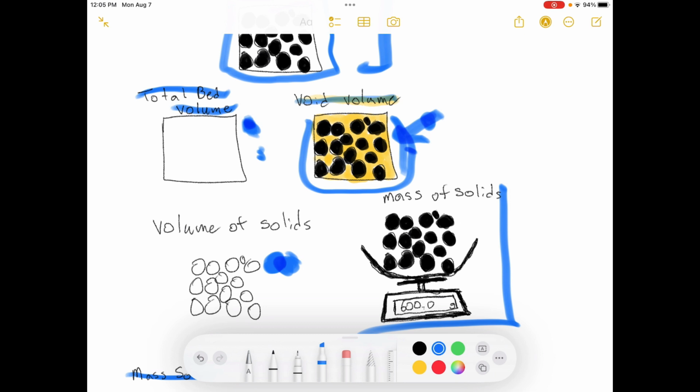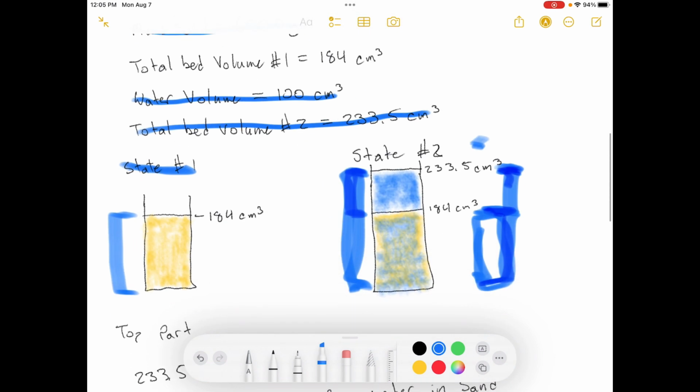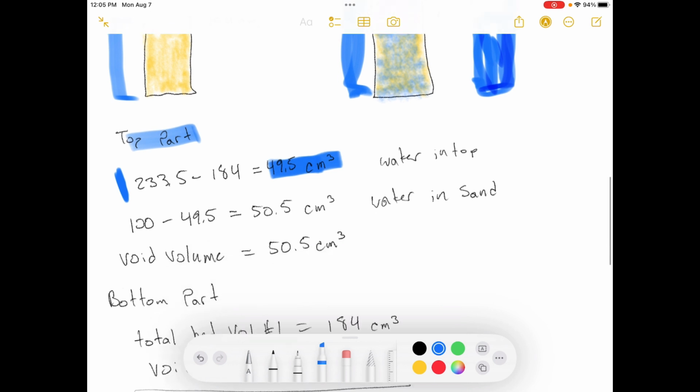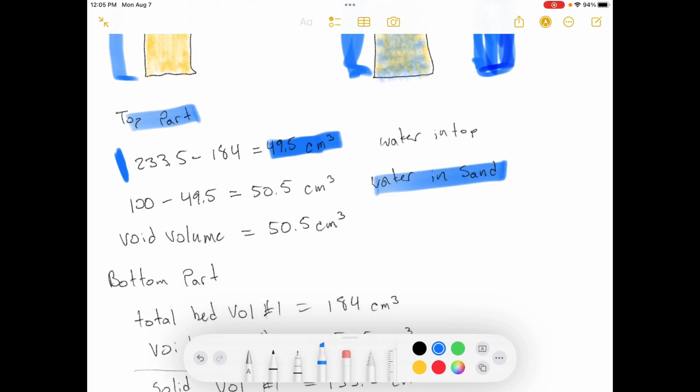If we replace all of that air with water, and we know how much water we poured in, and we know how much water didn't end up in the void spaces, then we can say this much water volume ends up in the void spaces. That means we have this much void volume. So the top part is 233.5, so we have this much water in the top. About half of the water is in the top and half of it is in the void volume. So how much water was in the sand? This is our void volume of water.